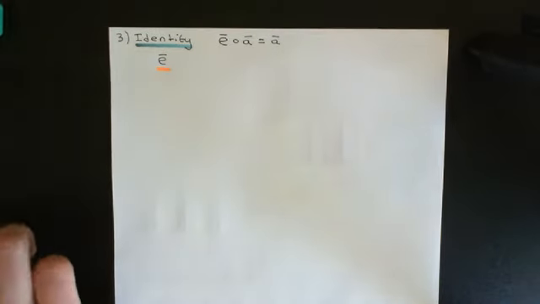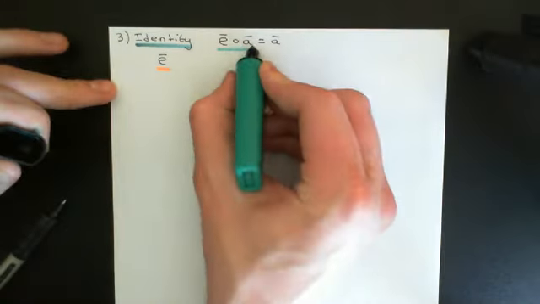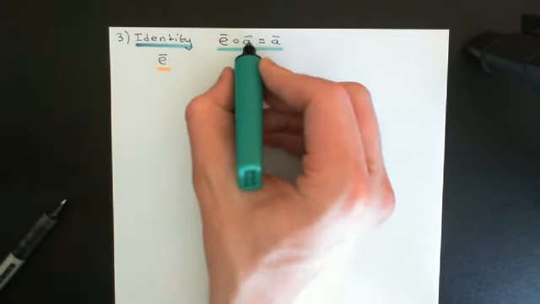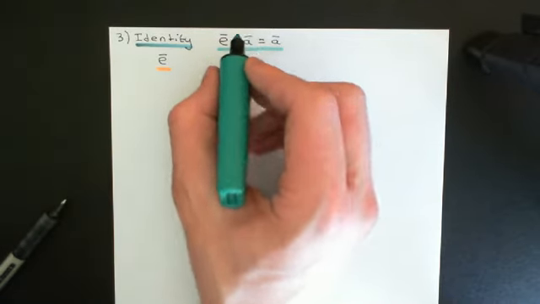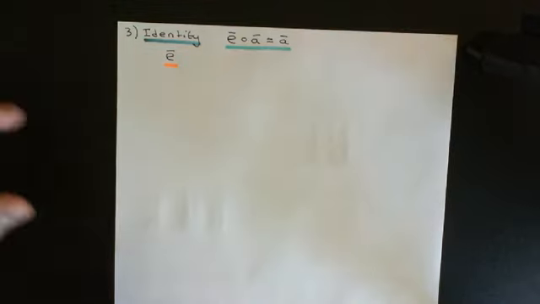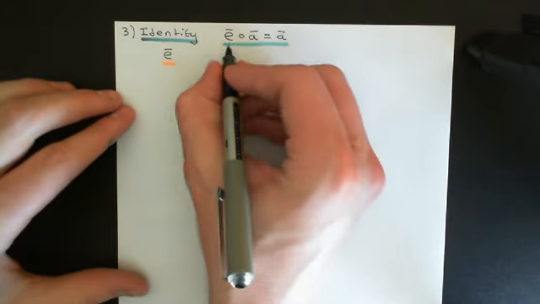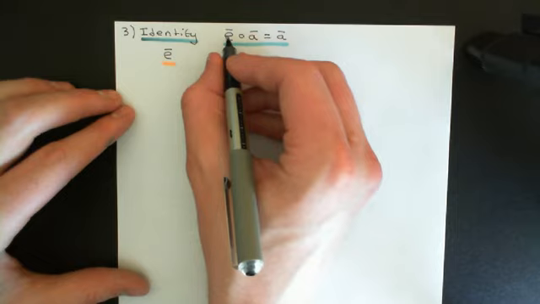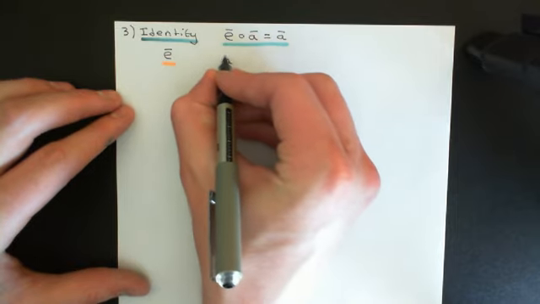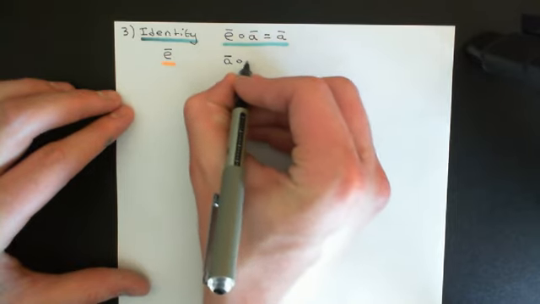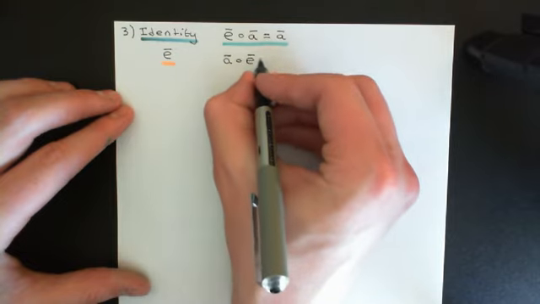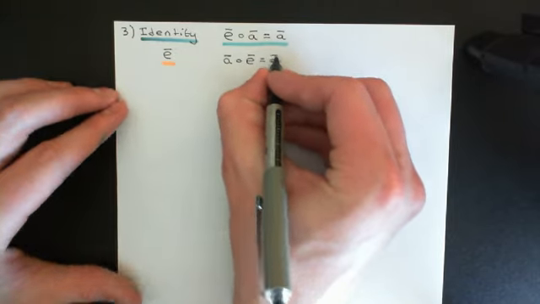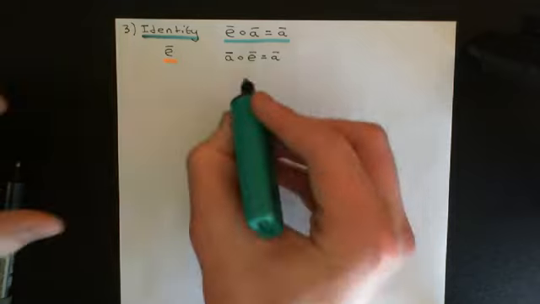I need to show that for all possible cosets, so if I show it for a general coset A bar, then I will have shown that. And I also need to show that it works the same if you multiply on the right by E bar. So again, an arbitrary coset A bar composed with E bar on the right this time is again going to equal A bar. So these are the things that I need to show.